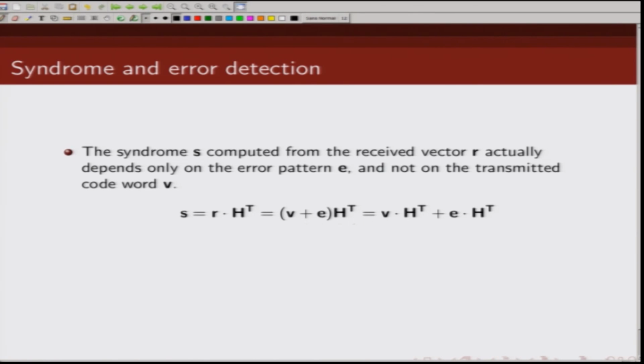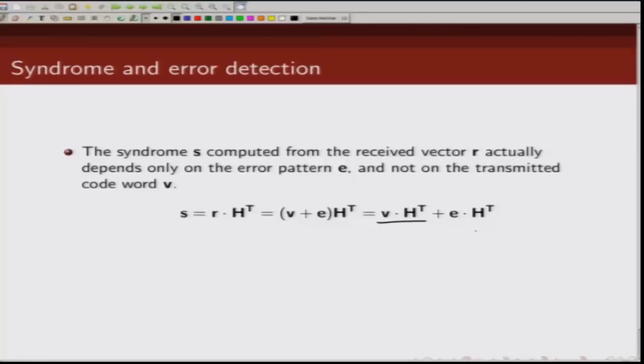So, this I can write as VH transpose plus EH transpose. Now, what is VH transpose? VH transpose is 0, because V is a valid code word, so the syndrome is nothing but EH transpose. So, the syndrome does not depend on the transmitted code word, it only depends on the error pattern.